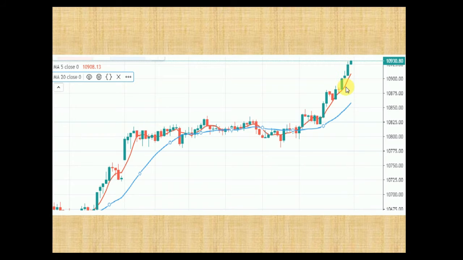Basically, this line movement is calculated in this way: 1, 2, 3, 4, 5. Since this is a moving average of 5, it will calculate for the last 5 candlesticks, and it basically calculates the average price of each candlestick. This one is kind of a doji, so there is no movement.